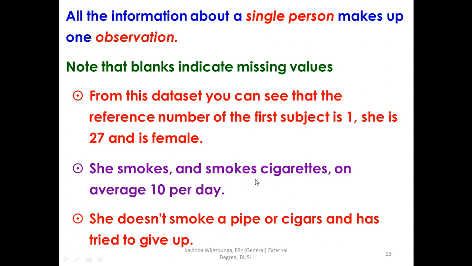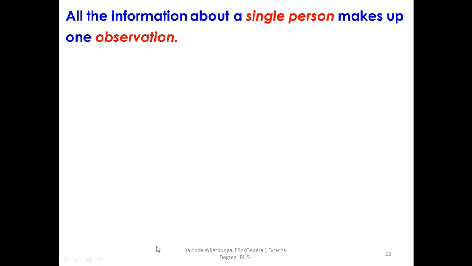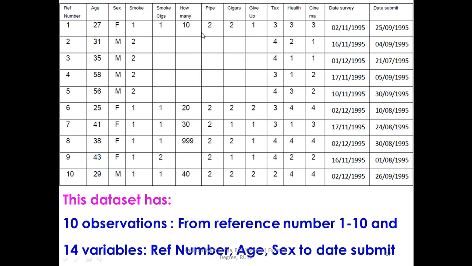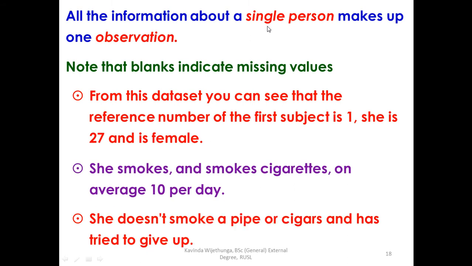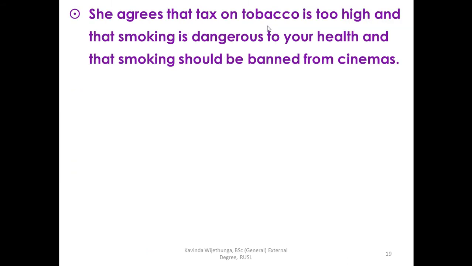She smokes cigarettes, on average 10 per day. She doesn't smoke a pipe or cigars, and has tried to give up. She agrees that the tax on tobacco is too high, that smoking is dangerous to your health, and that smoking should be banned from cinemas.